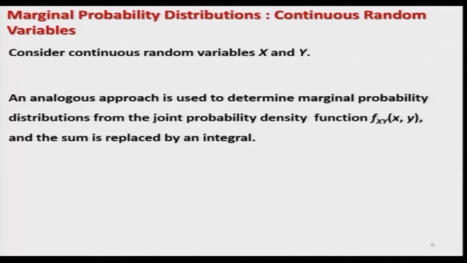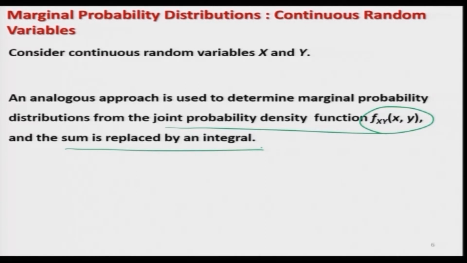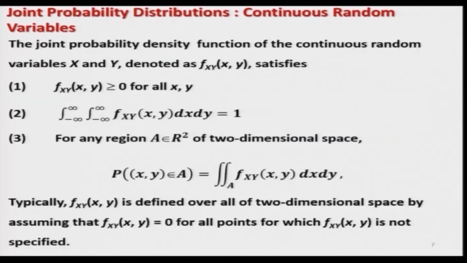If we assume that our joint PDF is f x y, then we simply have to define the marginal distribution of x and marginal distribution of y, and you will see that we are simply going to replace the sum by integration. But yeah, you have to do it following the rules of mathematics.